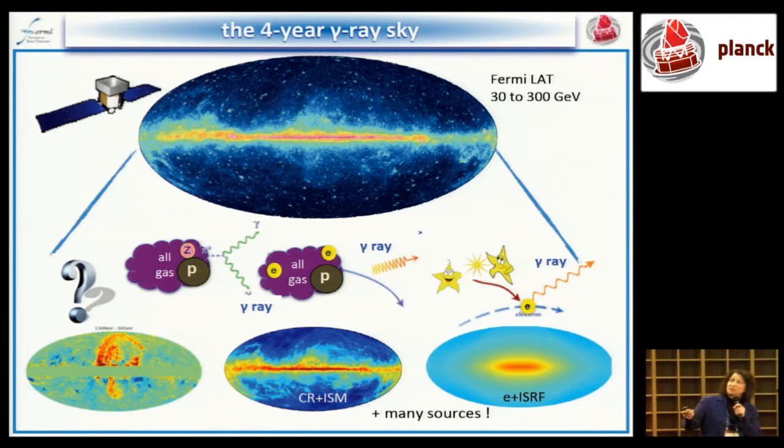It's 30 MeV to 300 GeV that we're looking at, and here you're looking above a GeV to get a decent angular resolution. And what you see primarily is the Milky Way, because you have all those cosmic ray interactions with the gas. And second, you see a lot of point sources.